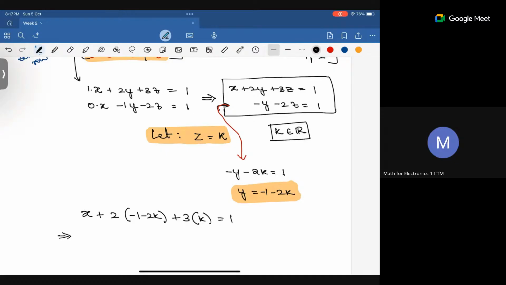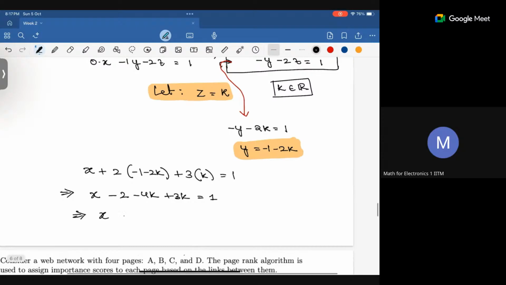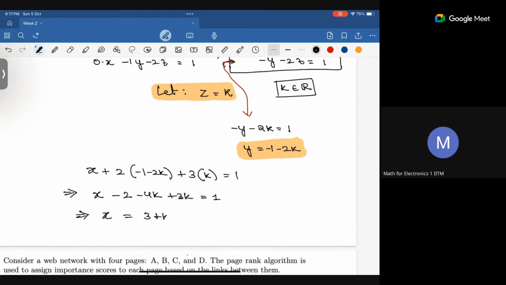Now if I simplify this, x minus 2 minus 4k plus 3k is equal to 1. I'll take minus 2 to the right side, it will become 2 plus 1, which will be 3. And minus k on the left hand side, if it goes to the right side, it will just become plus k. So x will be 3 plus k.